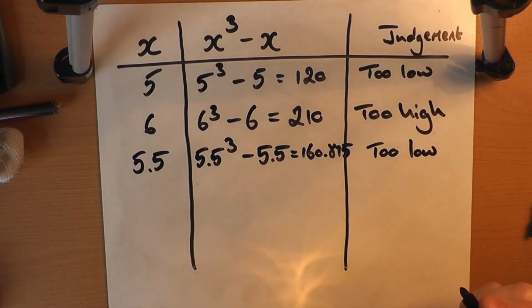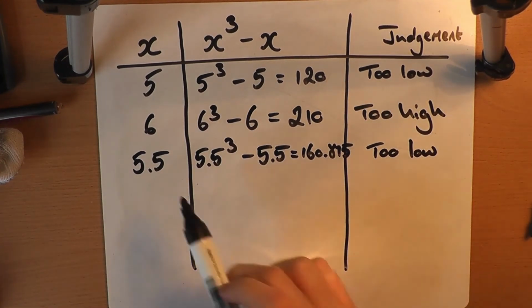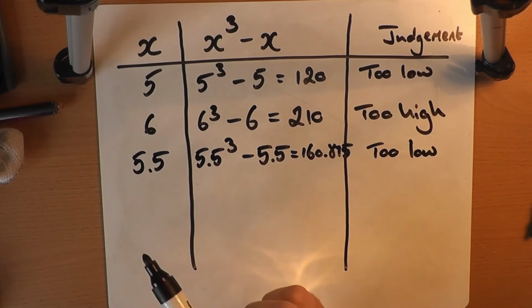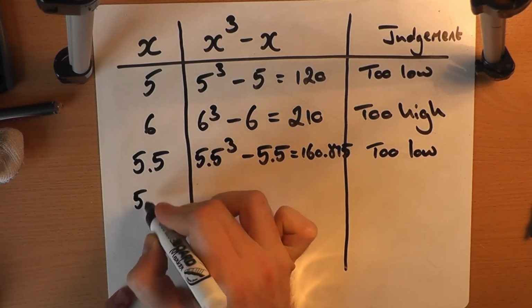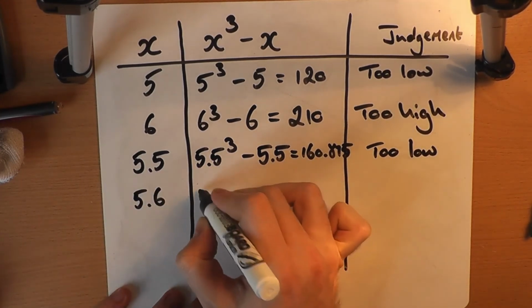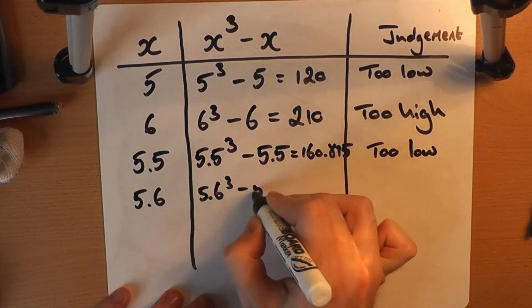So now we can work systematically through 5.5 up to 6. So testing 5.6, 5.7, 5.8, 5.9, because eventually we'll get 2 where the answer clearly has to lie between one that's too low and one that's too high. So we're going to check the next one off. I'm going to go straight up to the 5.6. 5.6 cubed minus 5.6.